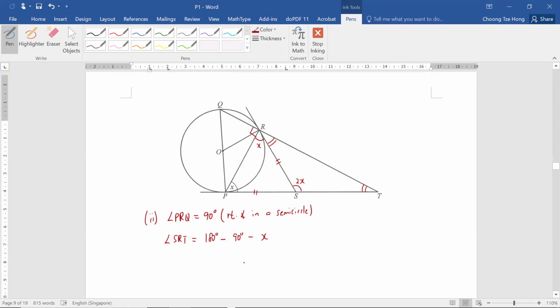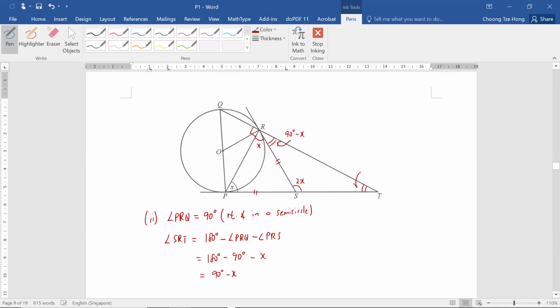Maybe I'll just write one extra step of working: minus angle PRQ minus angle PRS. So 180 minus 90 minus x means it's going to be 90 degrees minus x. So this angle over here is 90 degrees minus x.